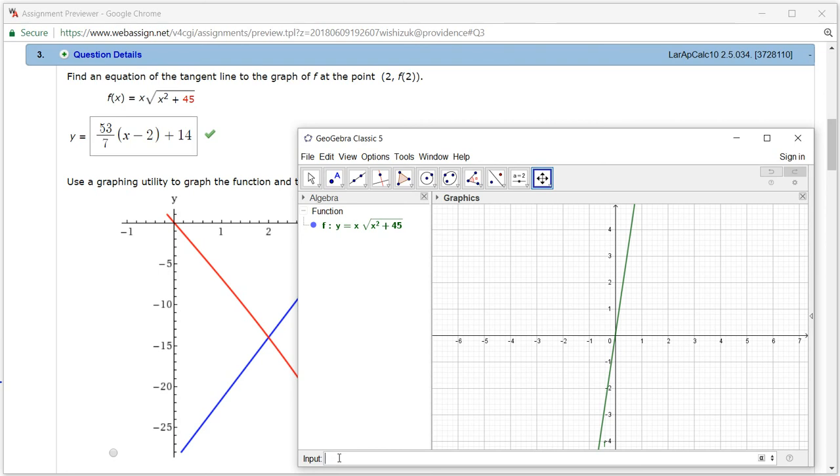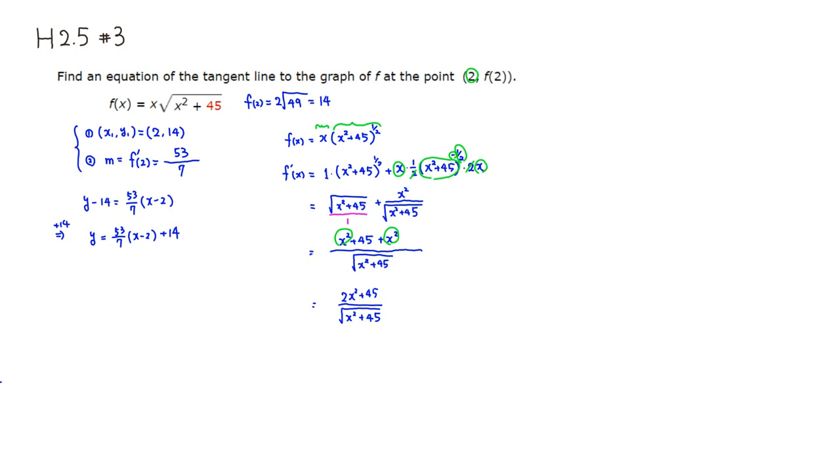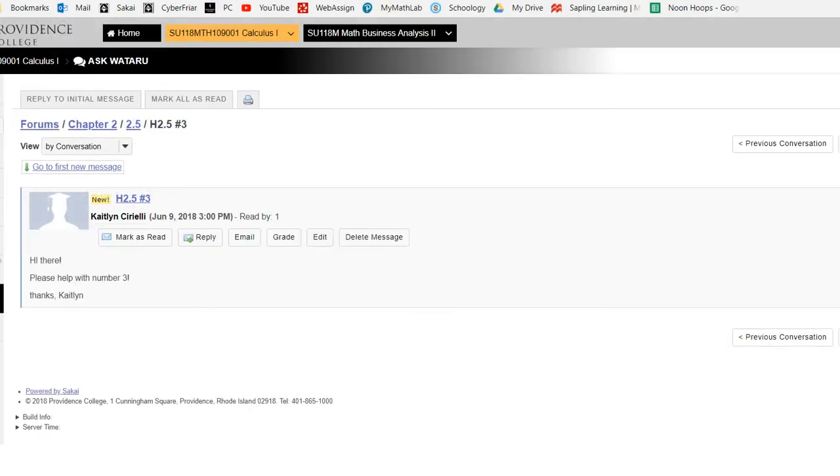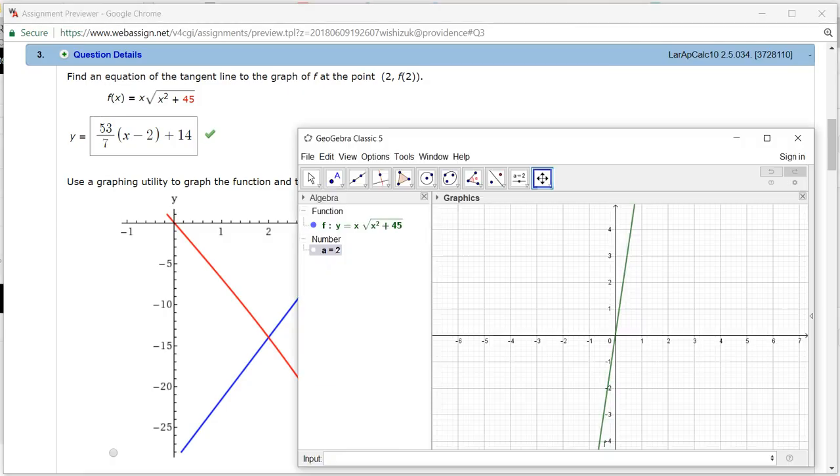Let's put a point at 2 comma, I forgot what the point was, 14. 2 comma 14, right? So I'm going to put the point 2 comma 14.